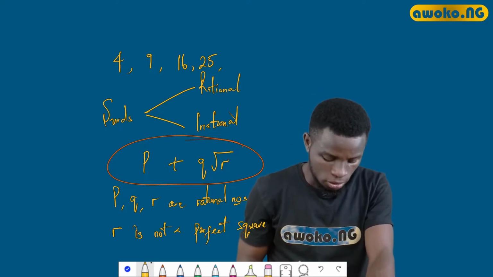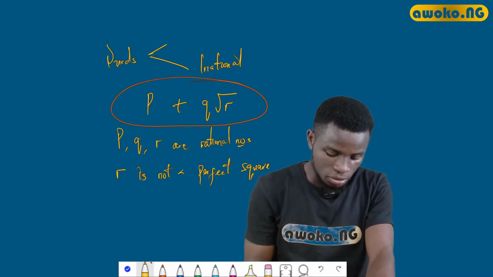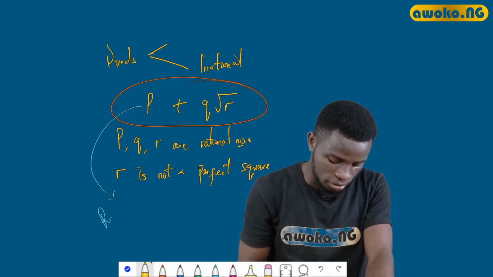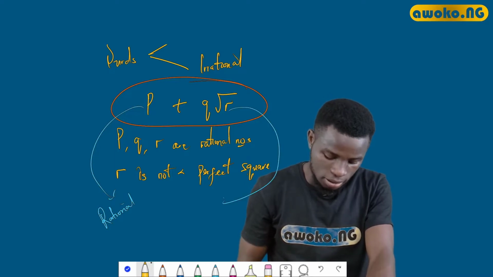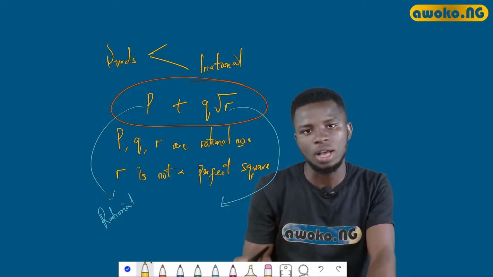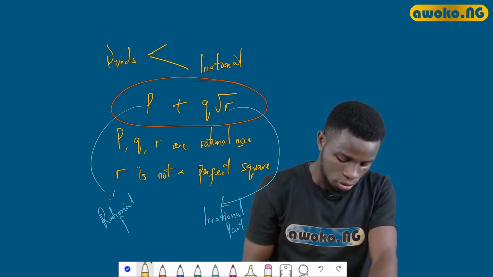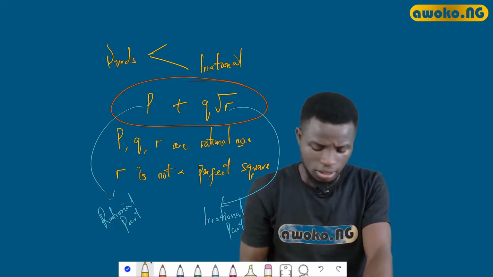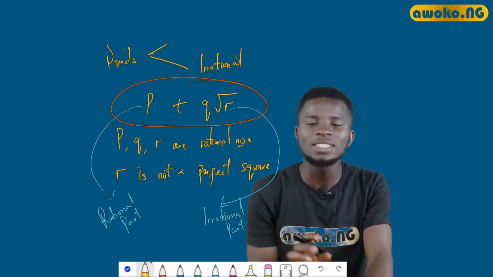So for this form, the rational part is P, while the irrational part is seen as Q root R. So these are the parts of the expression.